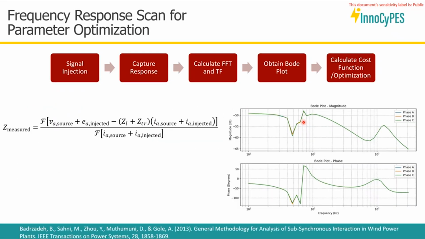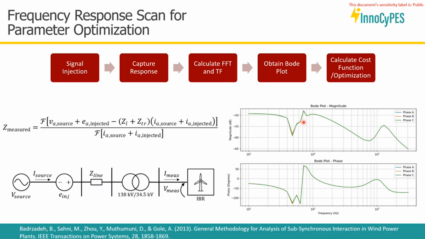Okay, the way that you calculate it is you take the FFT of the voltage measurement divided by the FFT of the current measured, and so on.